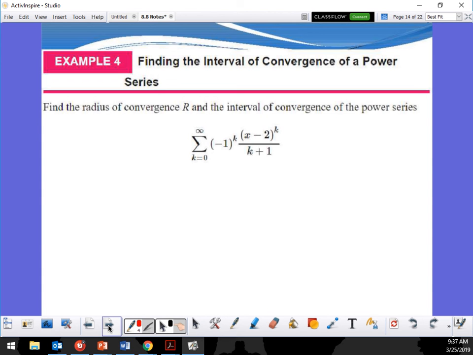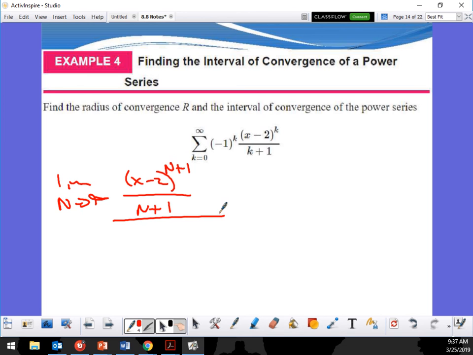Okay, good. So the limit as n goes to infinity of (x minus 2) to the n plus 1 over n plus 1, all over (x minus 2) to the n, and at the bottom it's n plus 1 plus 1.